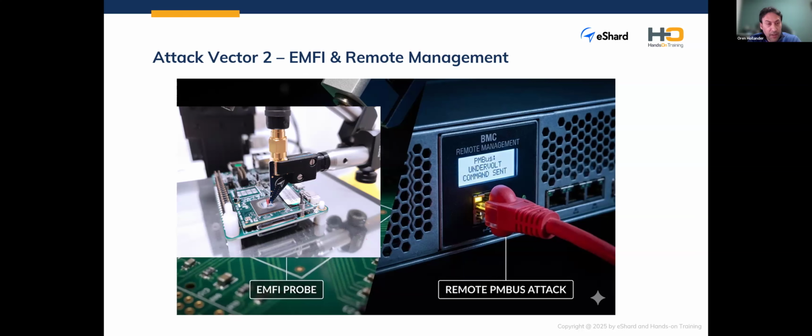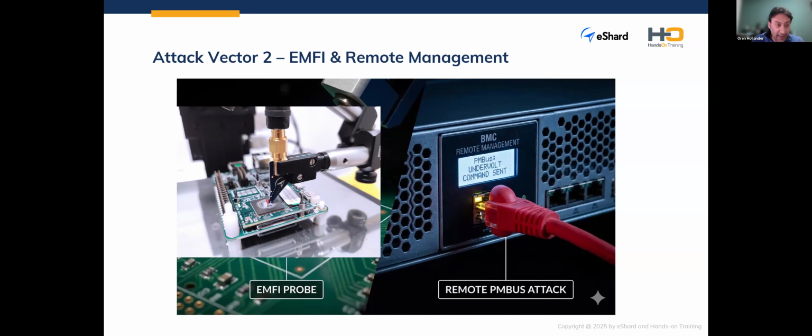Modern server motherboards, like those from Supermicro, use what we call the BMC, baseboard management controller, to monitor the health of the system. This BMC has access to something interesting that we call the PM bus. This is the power management bus, which tells the voltage regulators on the device how much power to send to the Xeon, for example, processor.